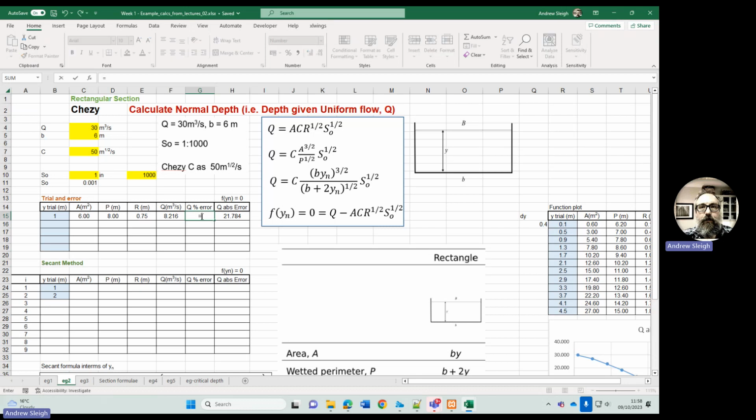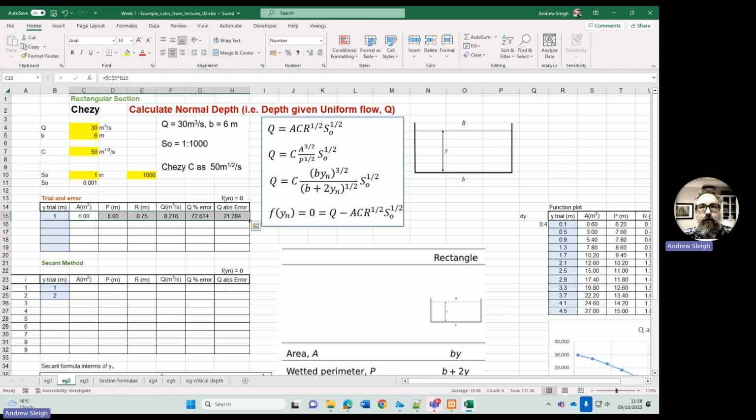Now we can use that estimated function divided by Q. Let's just set Q as a constant there, times it by 100, and that gives us a percent error. It's 72% out, way out.